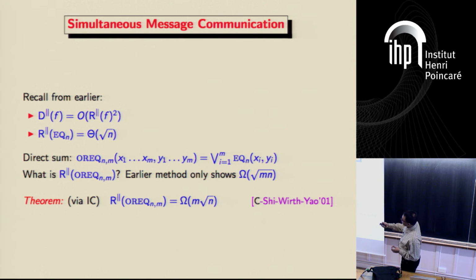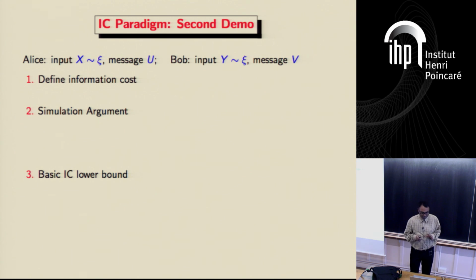Now, if you use this method, then you can only get a bound of square root m times n, because the deterministic complexity is certainly at most m times n. But conceivably, you could have a direct sum theorem, which means that this m copies version is actually m times as hard as the one copy version. So probably this is the lower bound you should have, and we do have that. That was the main result of this paper, which introduced all these terms, information cost, complexity, etc.